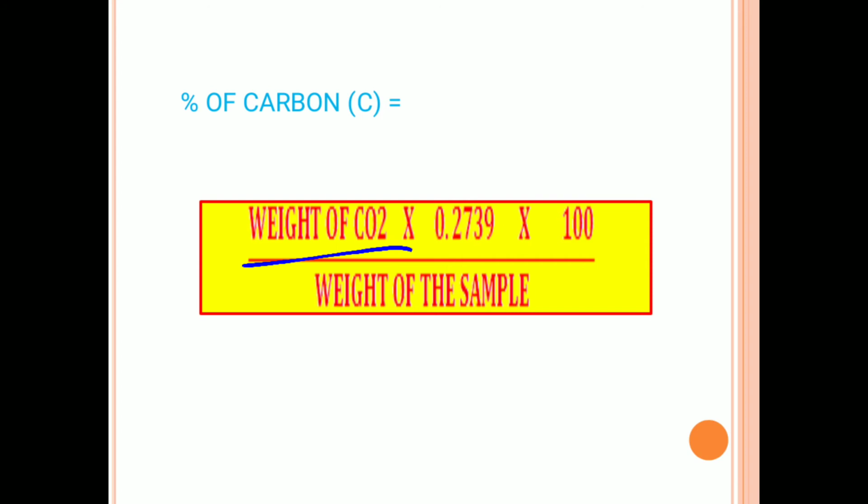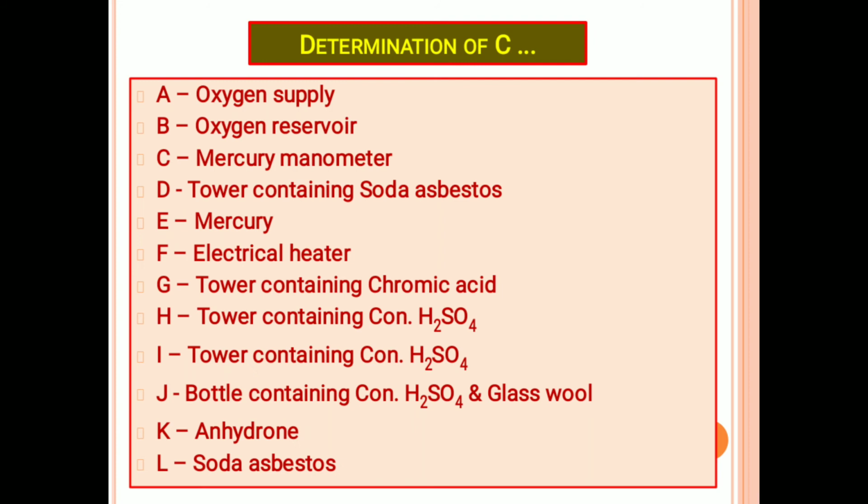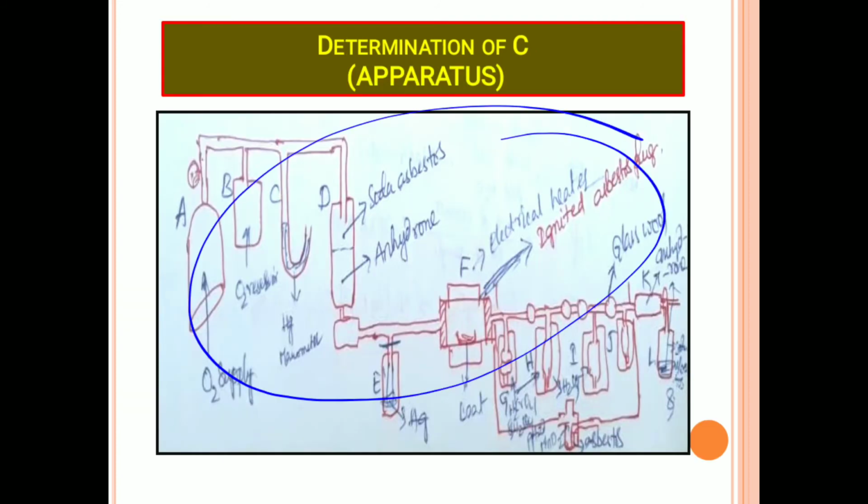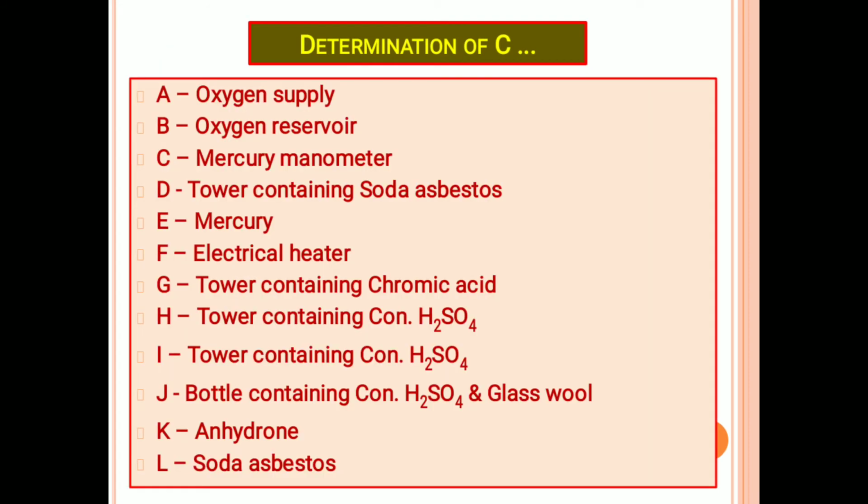So the weight of CO2 into the factor, that is 0.2739, into 100 by weight of the sample, will give the percentage of carbon which is present in the steel. So in steel, the carbon determination can be done by using this combustion apparatus.